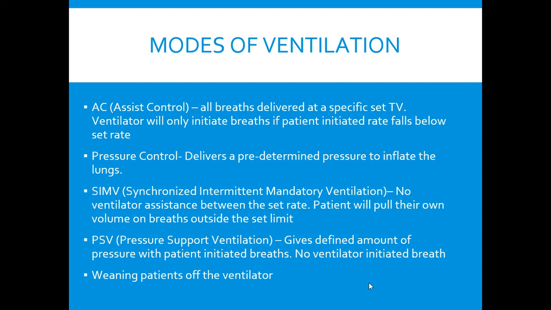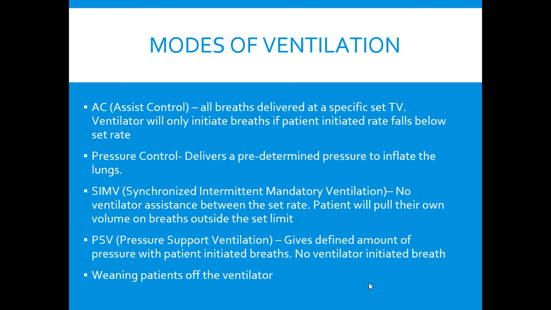Pressure readings for lung compliance are based on the volume delivered into the lung. We set the tidal volume on the ventilator, and that will tell you what the pressure is. So you're setting how much volume of gas goes into the lungs, and based on how compliant the lung is, it'll tell us what that pressure is. If the compliance of the lung is down, you'll have higher pressures. If the patient has high lung compliance, then your pressures will be lower.